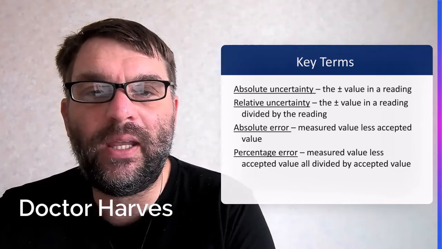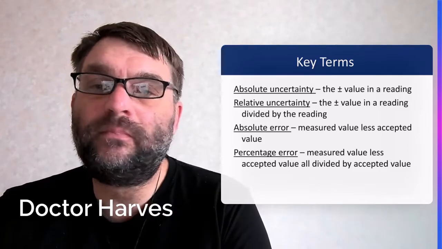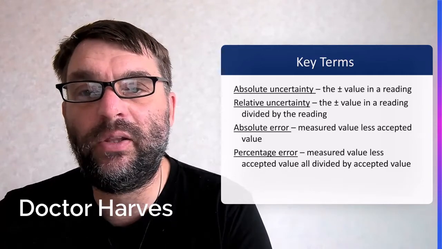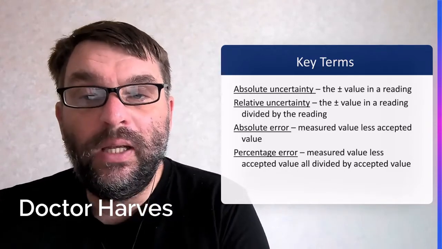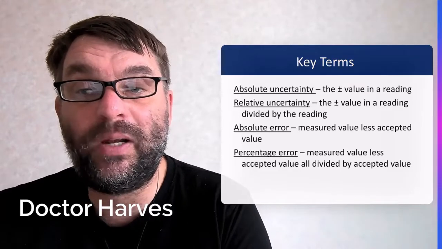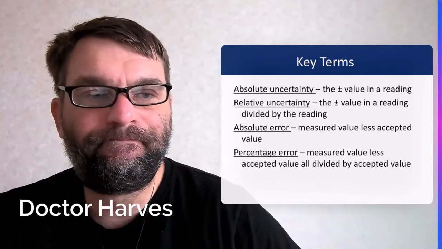And finally, the percentage error is the measured value less the accepted value, all divided by the accepted value, which is going to be the final part of your internal assessment, because you have to compare the value that you calculate experimentally from the gradient to the actual value.